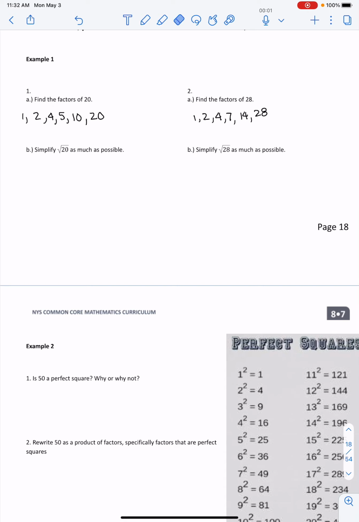Now in this case, we're trying to simplify the square root of 20 as much as possible. What we're trying to do is find, and I'm going to write it down here, the largest perfect square times the factor.